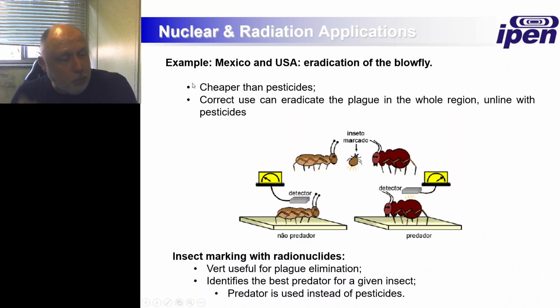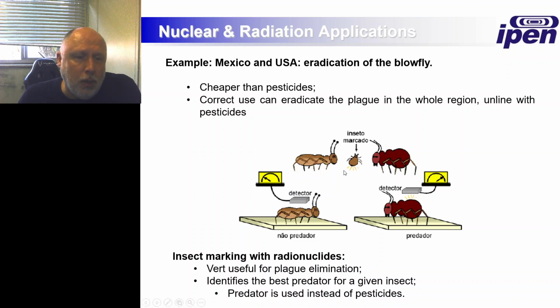This is much cheaper and essentially much more effective than pesticides, because with pesticides you only get the ones that are living. If it's an egg, you won't get it, and you have more issues there because sometimes you have migrations and everything. What you have here is that you can irradiate the plague in the whole region if you use it correctly, which we won't do with pesticide.